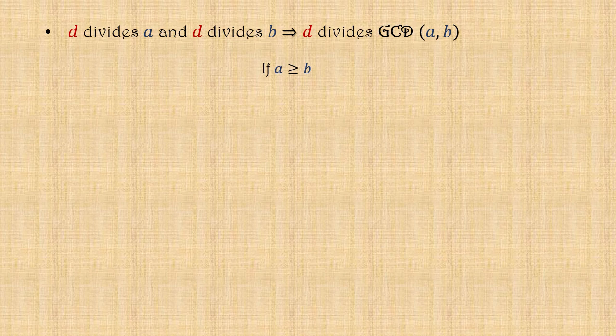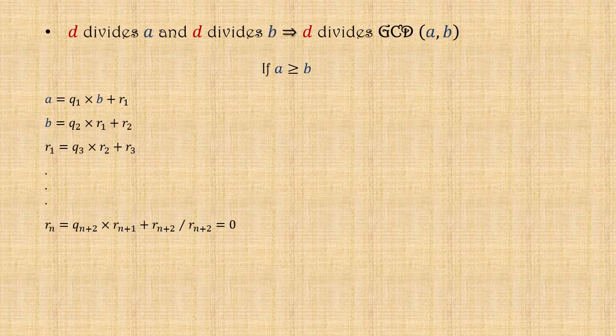So, if we do the Euclidean division of a over b, we would have a rest that we can note r1. By doing the Euclidean division of b over r1, we would have a second rest that we can note r2. And after n Euclidean divisions, from the Euclidean division of r1 over r2, until we reach the rest 0, we would have done n plus 2 Euclidean divisions, and we would have n plus 2 quotients and rests.